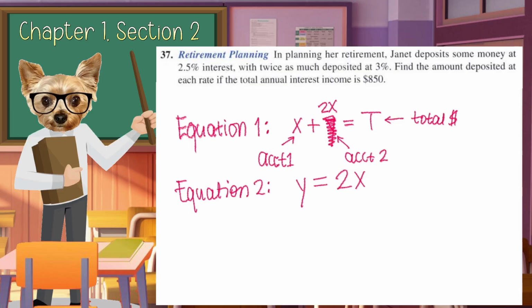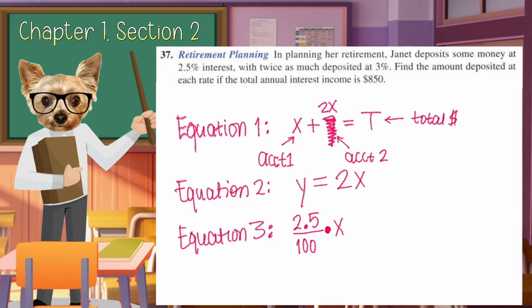Find the amount deposited at each rate if the total annual interest income is $850. Account 1 is the one with 2.5% interest. So equation 3: 2.5 percent, that's a literal translation, that is what those words actually mean, of the money I put in the first account, x.